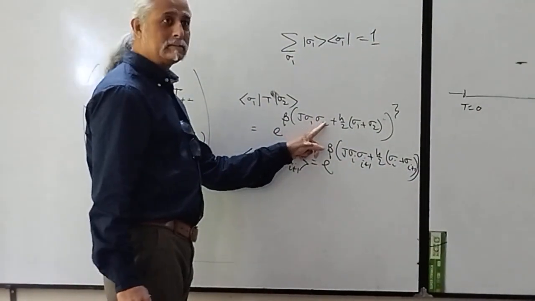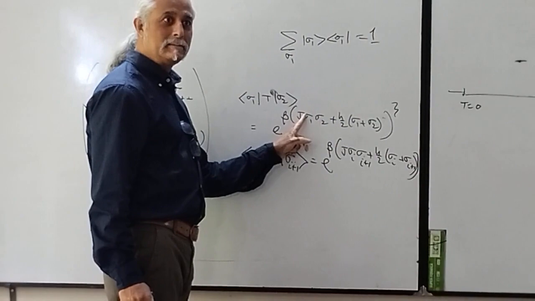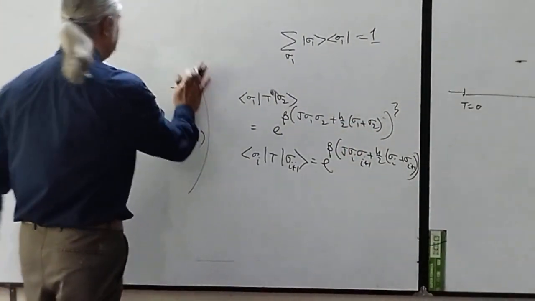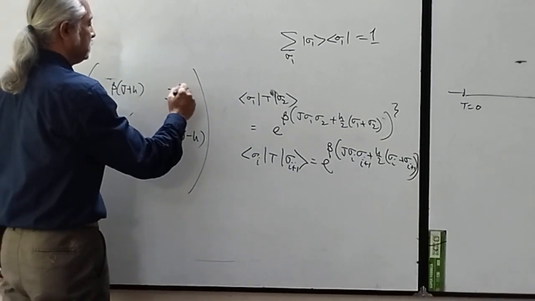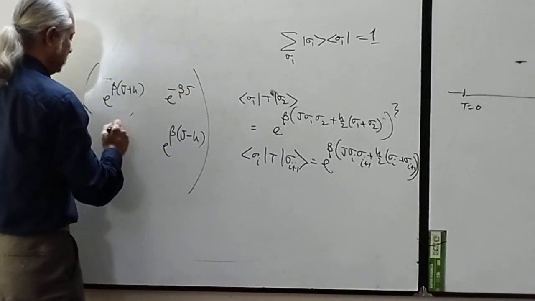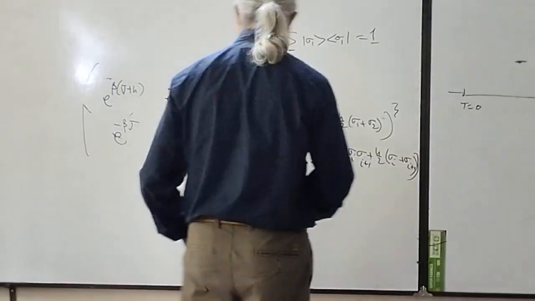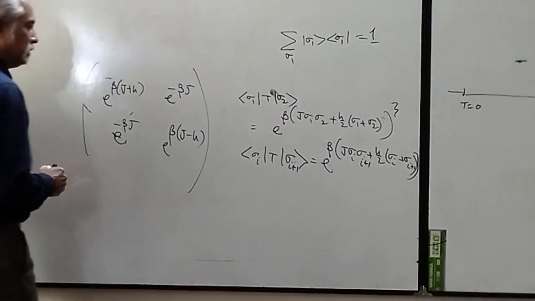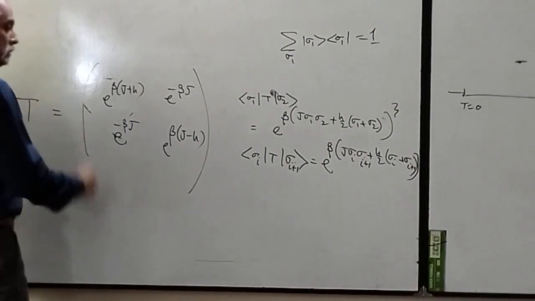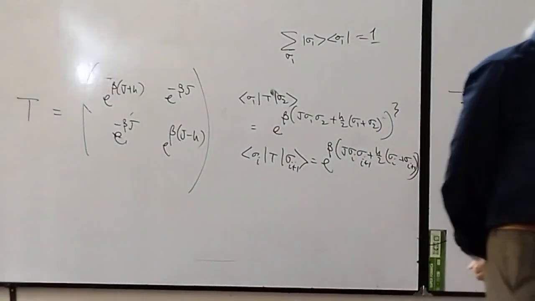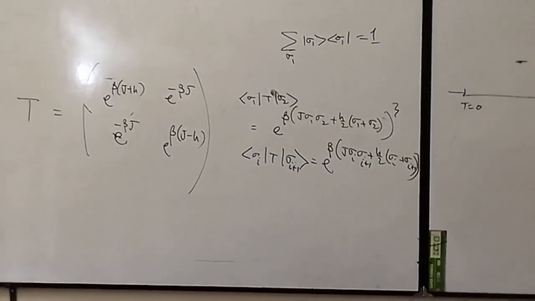Plus minus, then you will have minus plus minus, they will cancel, so we will have e to the power minus beta j, e to the power minus beta j. This is the matrix. The transform matrix has this form. Is it clear?